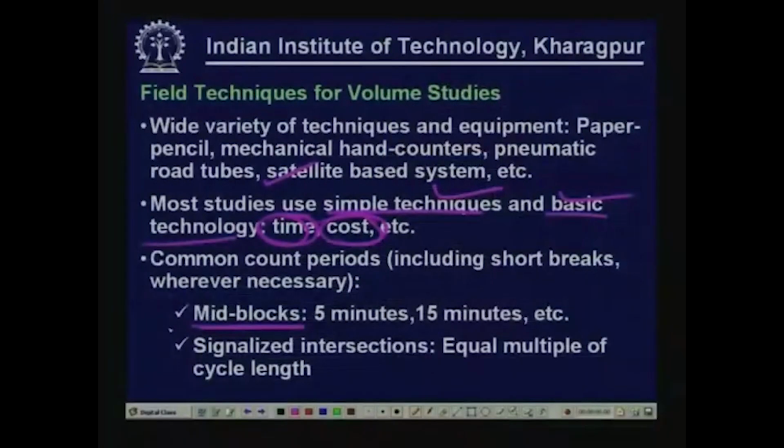So, the normal duration of counting is 5 minutes or 15 minutes for mid blocks, and for signalized intersections it is carefully observed to be an equal multiple of the cycle length, because we cannot say whether it is 5 minutes, 15 minutes or 3 minutes, but it should be an equal multiple of the cycle length, because in a signalized intersection the cycle length is the unit.